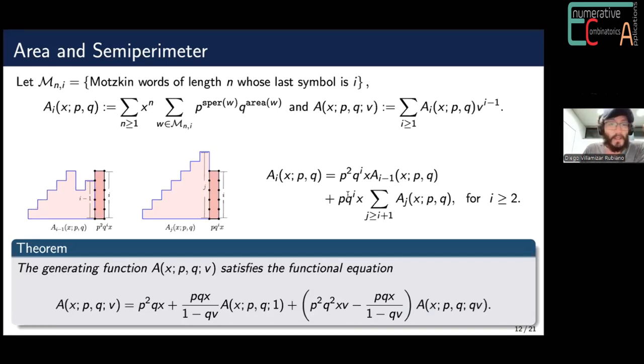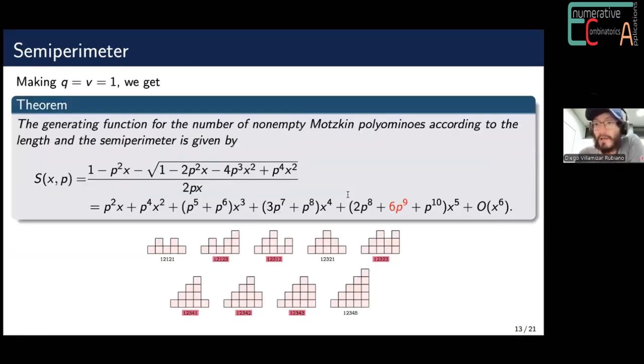And if you plug a 1 somewhere, you get one of the statistics. For example, if you make q equals v equals 1, then the generating function for the number of polyominoes with a certain length and certain semi-perimeter is given by this.